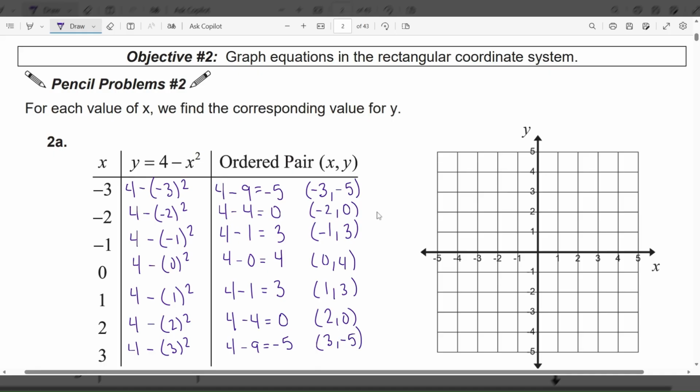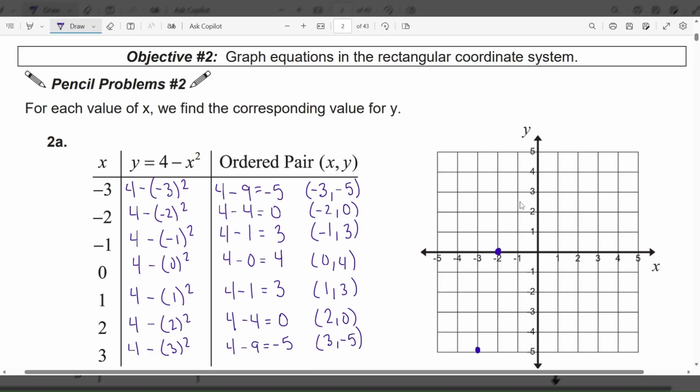Now that we have our ordered pairs, we're going to plot our points. So we have negative 3, negative 5 is here. Negative 2 and 0. So a little bit bigger.